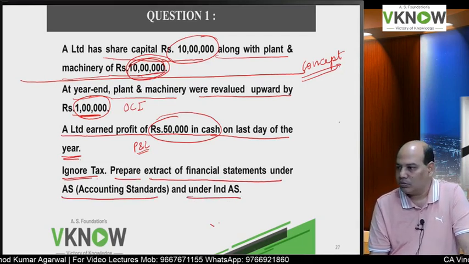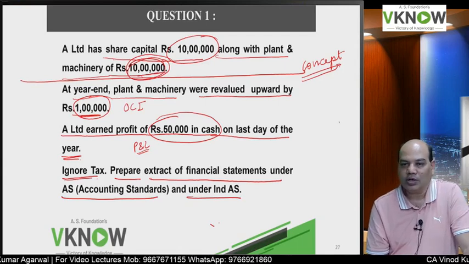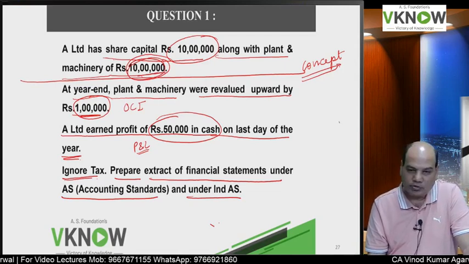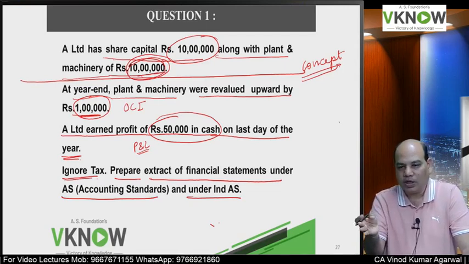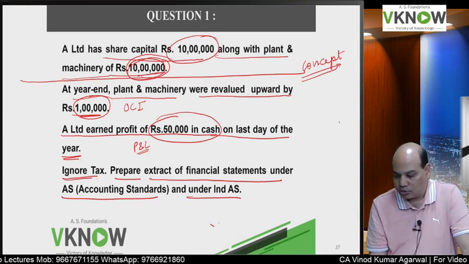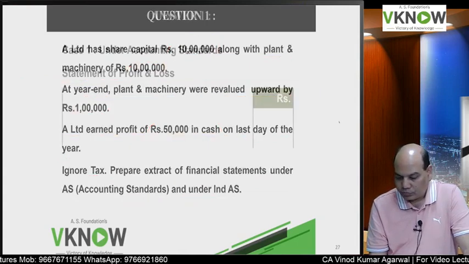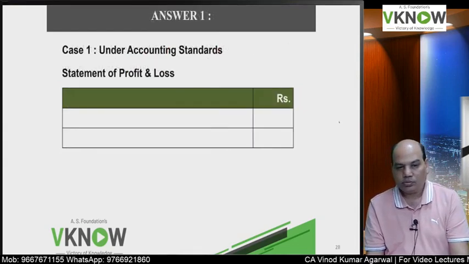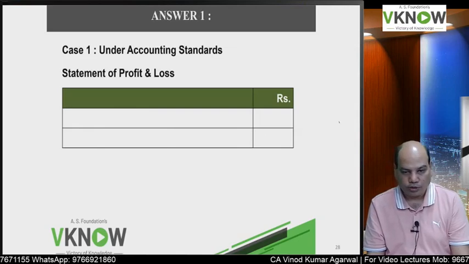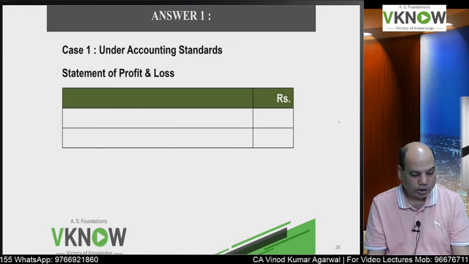So what we have done earlier under accounting standard and what we are going to do now under Ind AS. This will give you a good comparison also. Those students who have got the notes, class students and online students, you can start writing in the notes. Other students will write in the notebook. If you don't have the notes, you will write in the notebook.